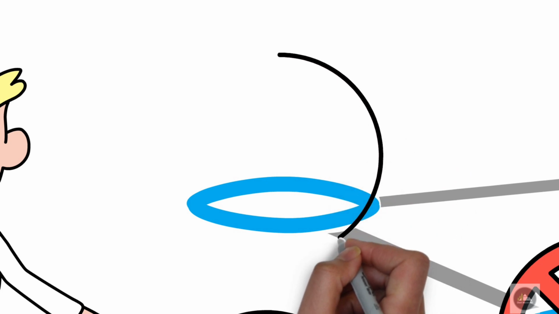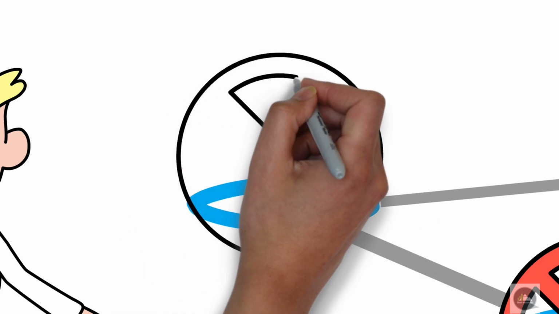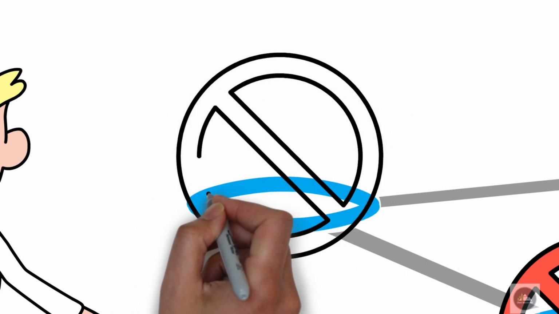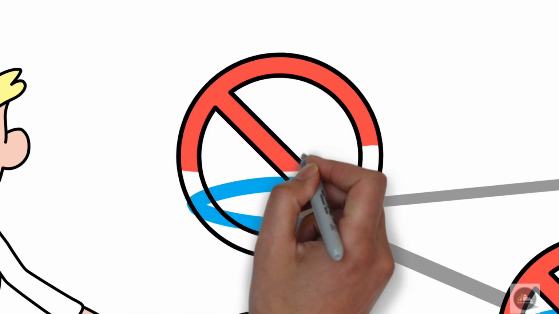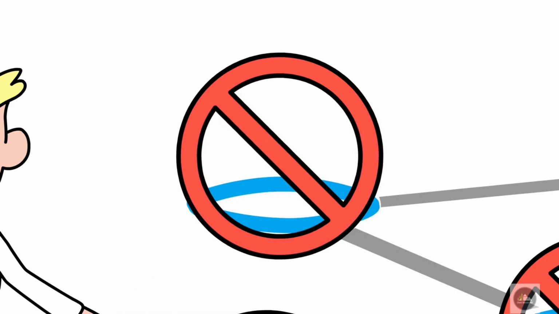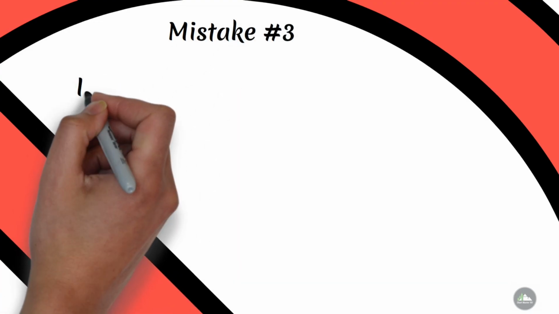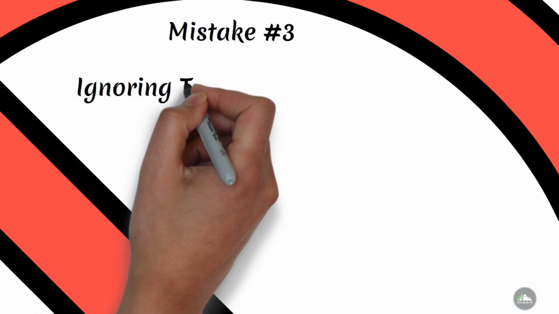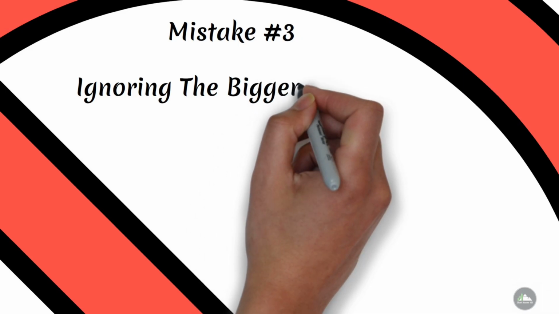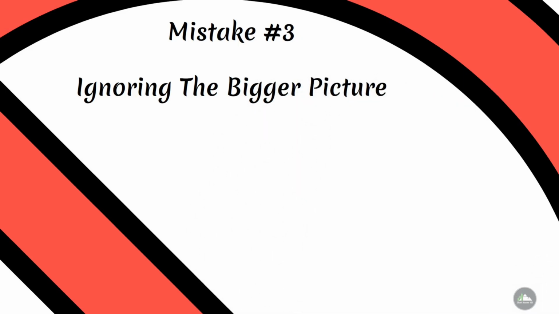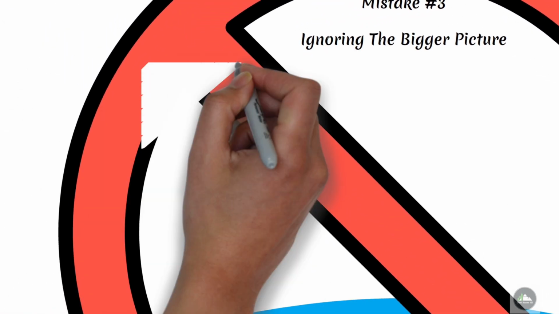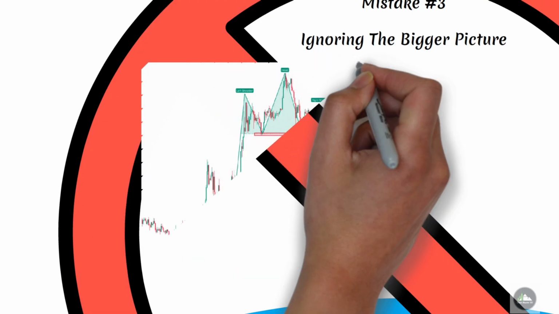And then the last mistake is actually a very crucial one: ignoring the bigger picture. Everyone wants to look at the smaller picture, or looks at too big a picture. Look at this, for example.